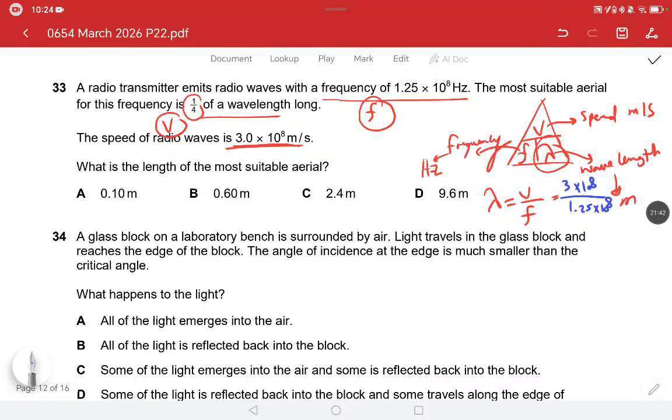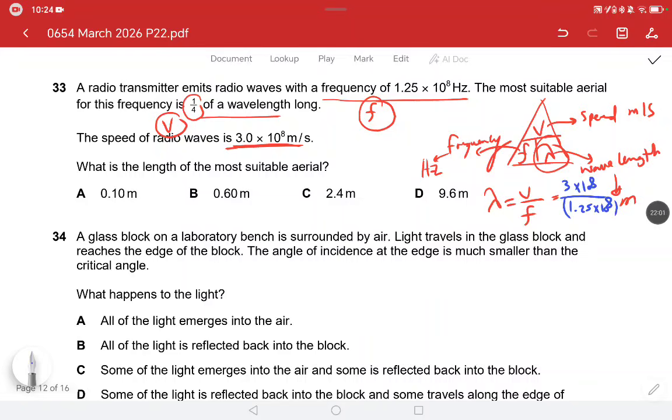Okay, I'll use my calculator to see. 3 × 10⁸ divided by, don't forget the brackets, please, when you use a scientific calculator. 1.25.